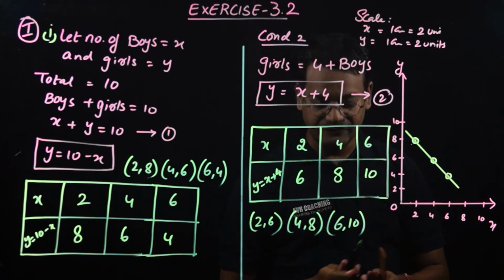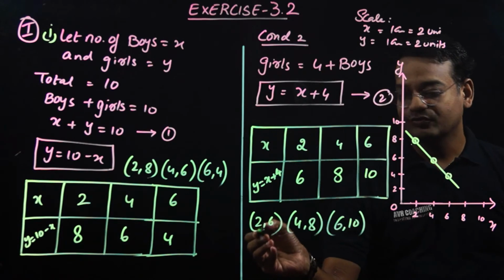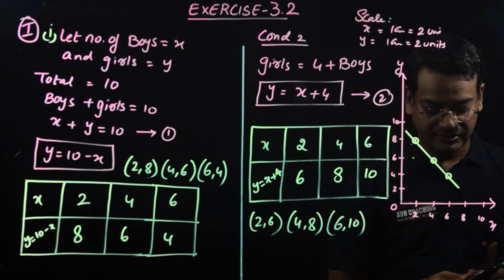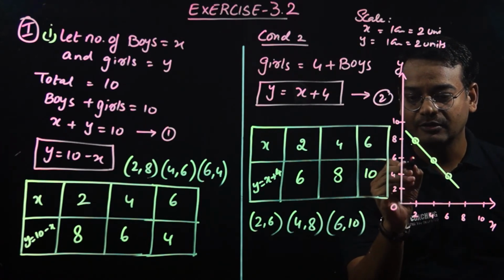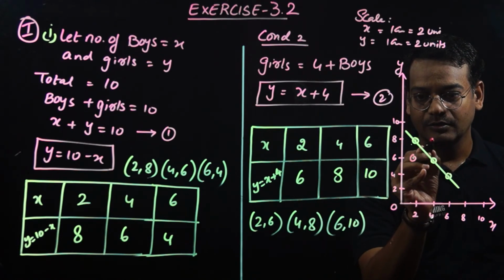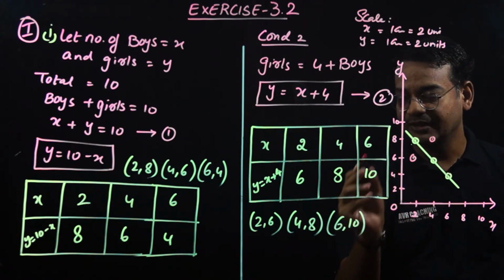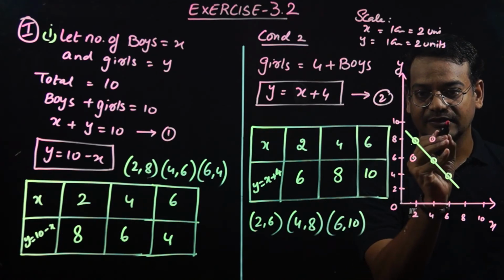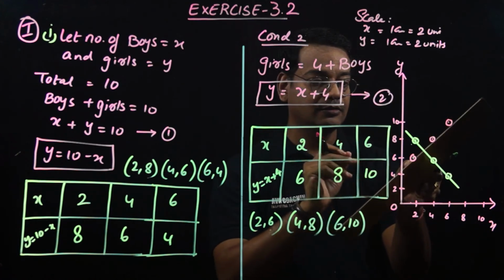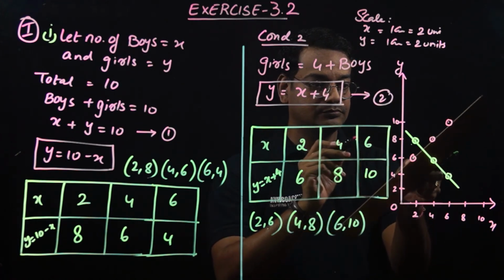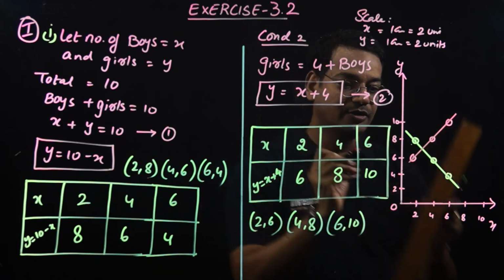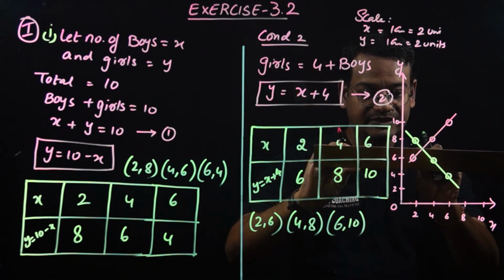For the second equation we are going to plot the values (2, 6), (4, 8) and (6, 10), using another color. Now we draw a line, which is going to intersect at a particular point. Now the line is intersecting at this point.